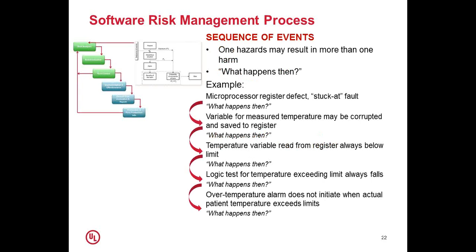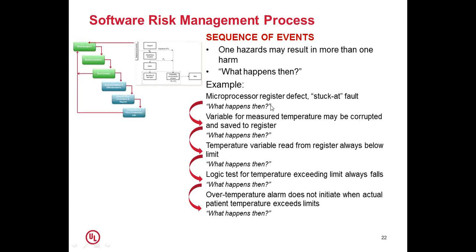If I would like to go into the software risk management sequence of events, one hazard may result in more than one harm. For example, we can use questioning to determine the sequence of events: what happens then? For example, a microprocessor register defect is stuck-at fault. What happens then?